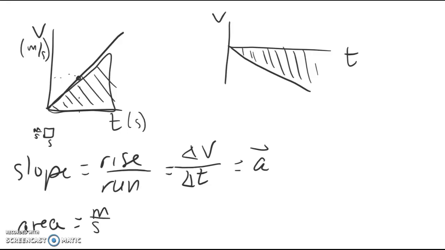Well, the seconds cancel out, leaving us just with meters. So our area here tells us a distance quantity, and what it actually tells us is displacement. We haven't learned a formula yet, but maybe I'll show you for the future.